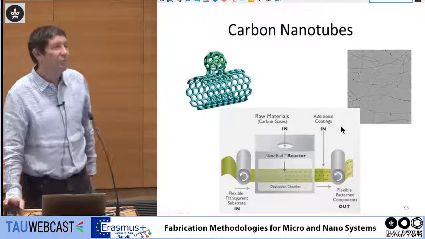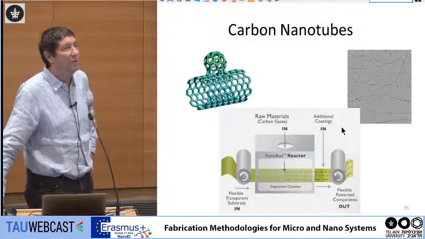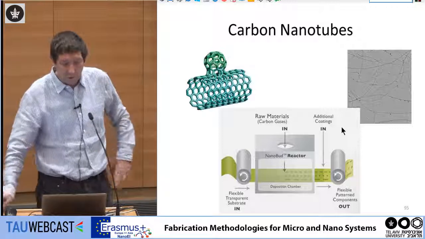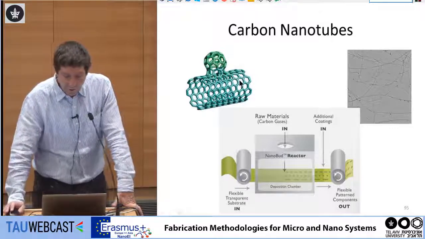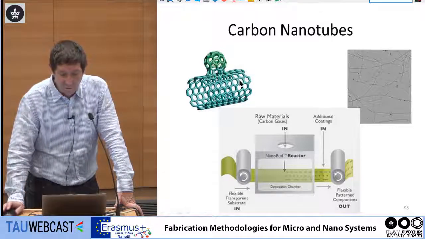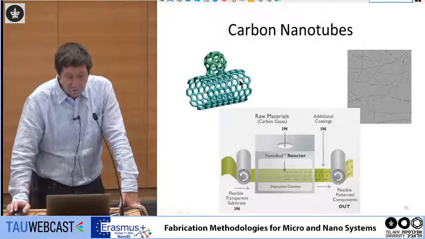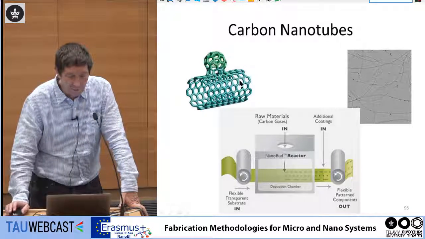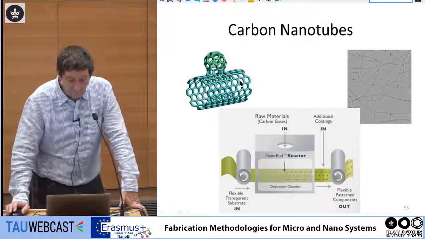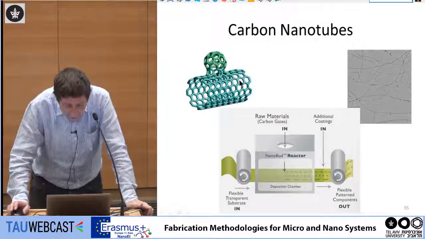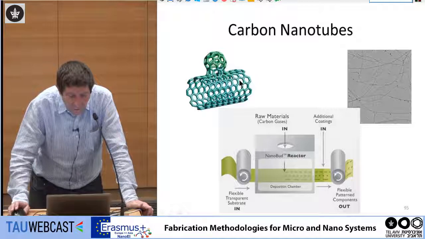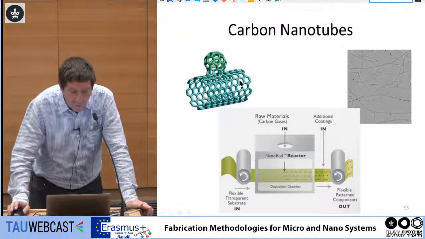Now, instead of using metals, you can use carbon nanotubes. Carbon nanotubes are conducting, and this is a film of carbon nanotubes. You can print them on the polymer structures and get randomly distributed nanotubes, all connected. In this specific system, you introduce carbon gases into the reactor.